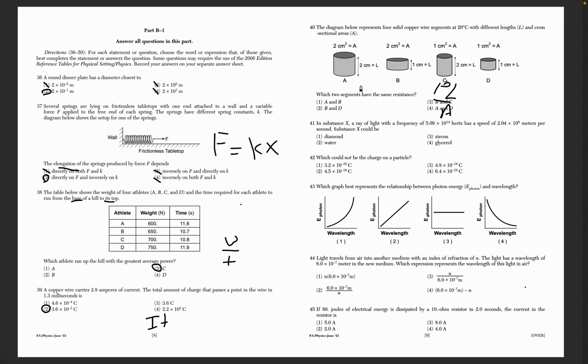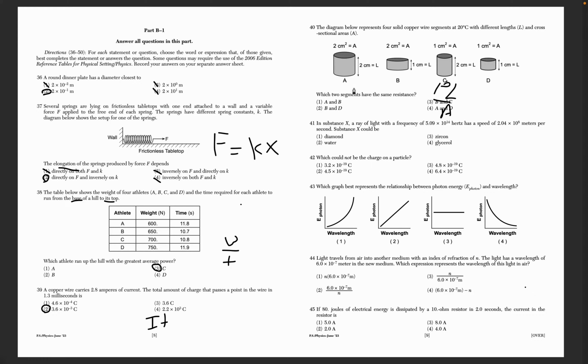So the cross-sectional area is 2. So 2 divided by 2, because if we multiply the length by 2 and the cross-sectional area by 2, that means it'll be 1. And for this one, if we multiply the length by 1 divided by 1, it is 1.